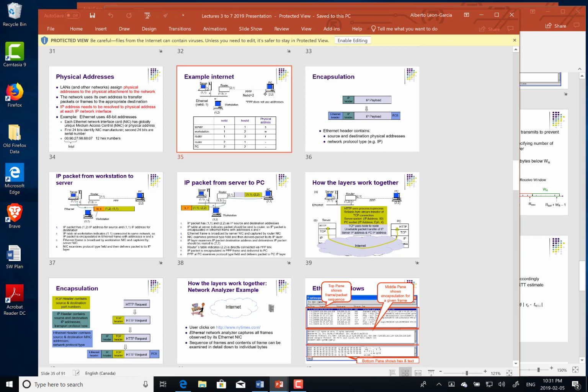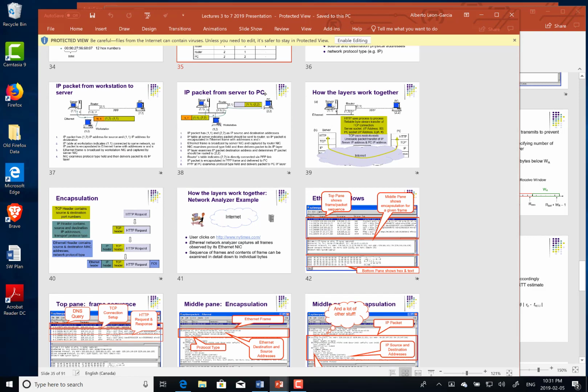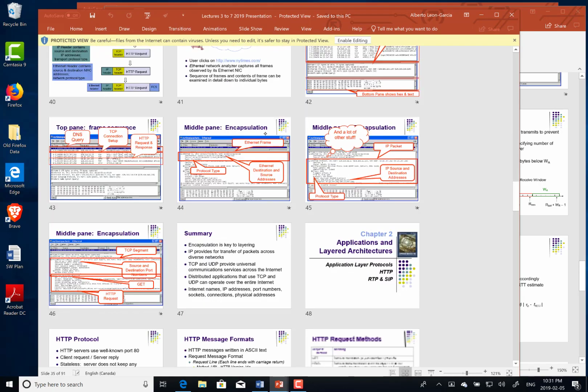This is just a review, so I don't have time to go into detail on that, but I really encourage you to do that. And also to look at these examples, which show how Wireshark operates and which corresponds to what you did in Lab 1.